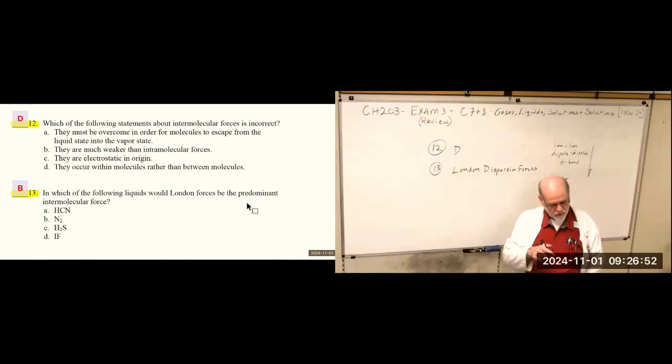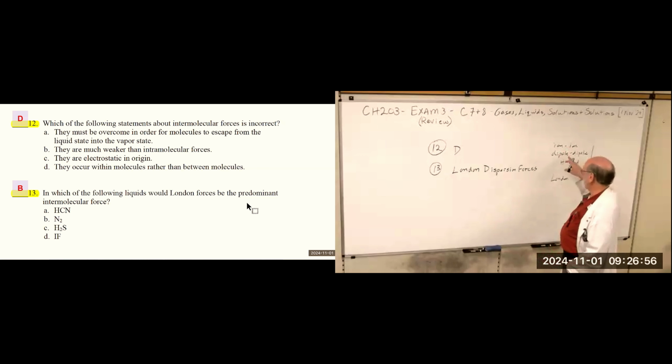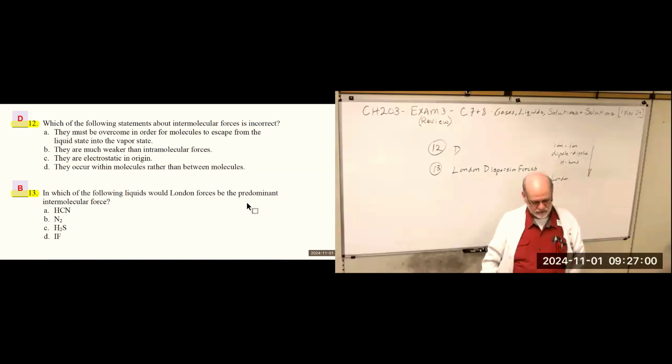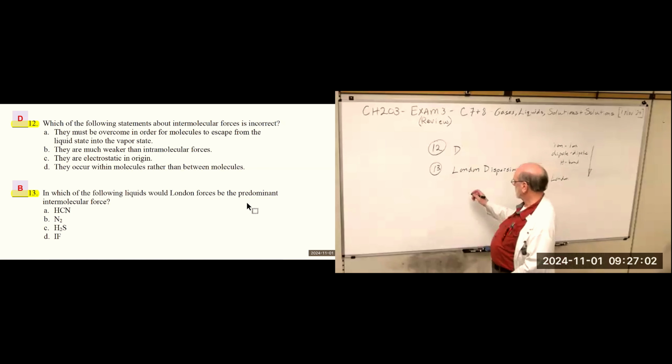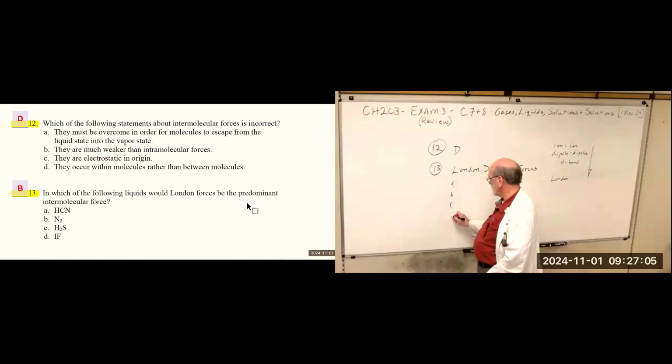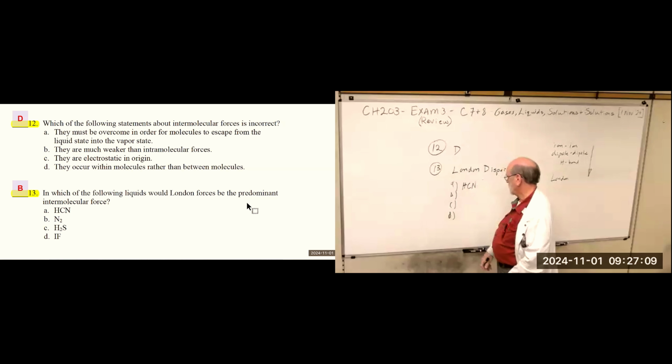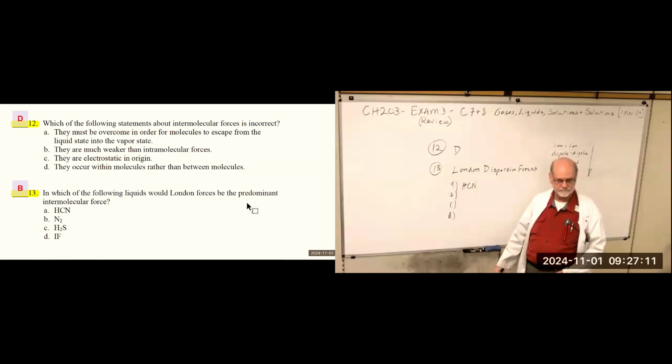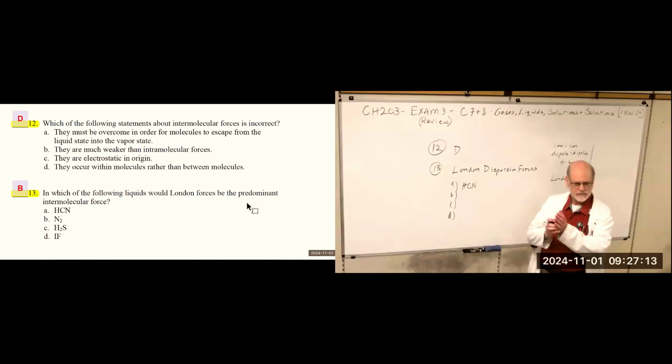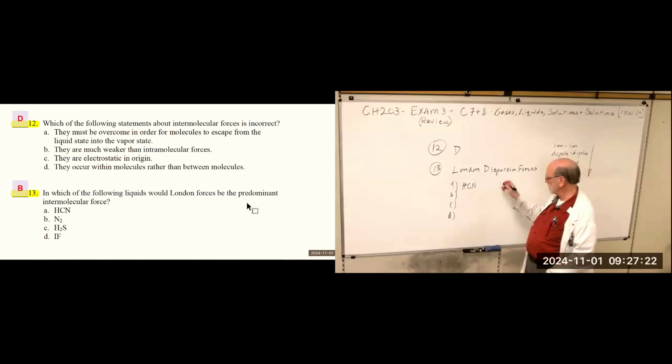So what you want to look for are the choices in which you don't have ion-ion or dipole-dipole type interactions. So what do we do there? A, B, C, and D. How about this one? Does that one have a dipole? We drew Lewis structures, didn't we? Did we draw Lewis structures?